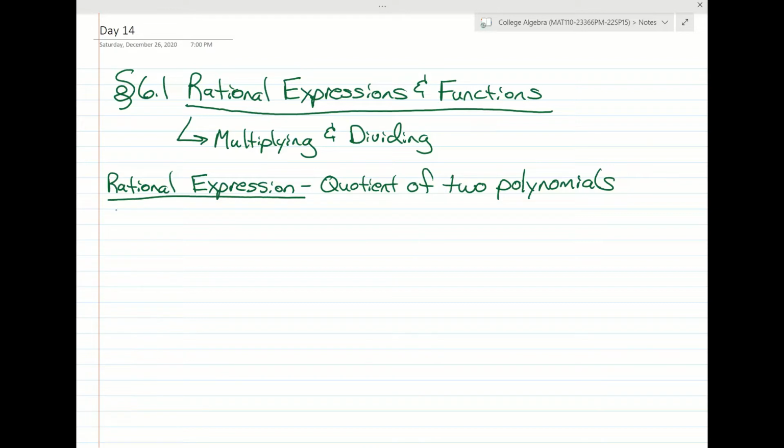So an example of a rational expression is it's just a fraction. It would be like if you had 1 over 2. Rational just means you could write it as a fraction.